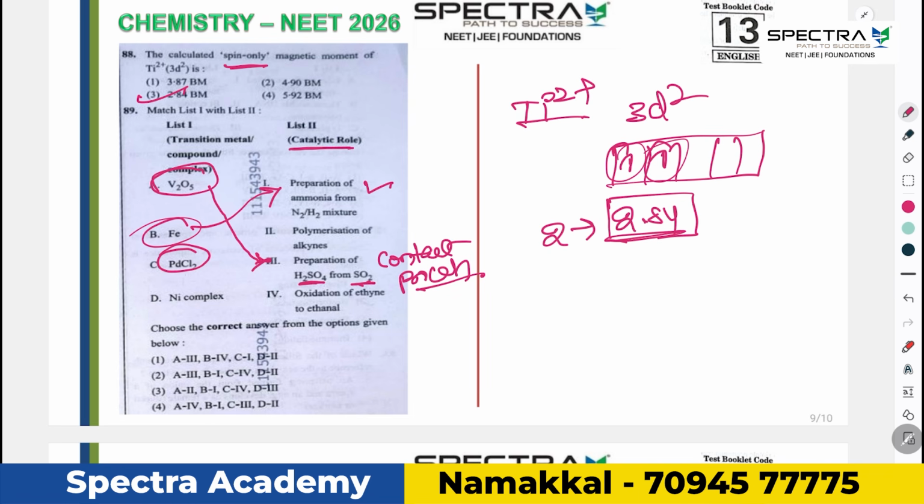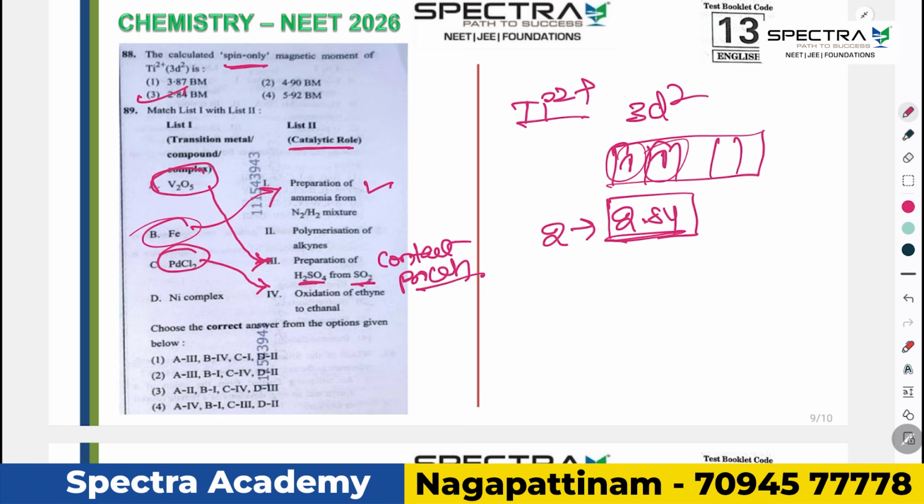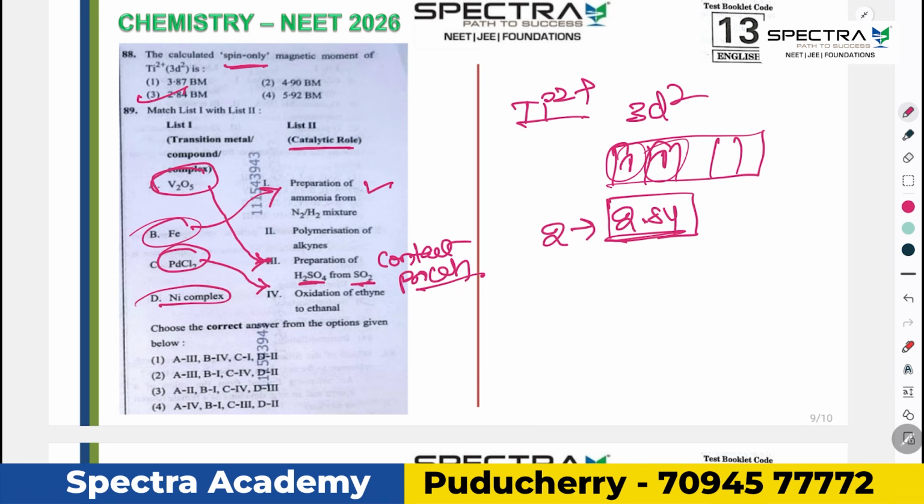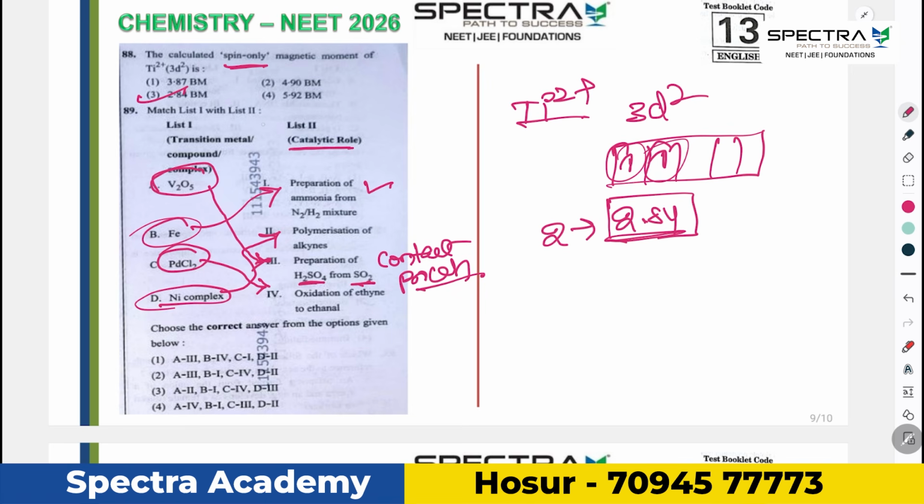Palladium chloride is used in the preparation of carbonyl compounds from alkynes, so C will be 4. And last, nickel complex is used in the polymerization of alkynes. So A3 B1 C4 D2, which is option 2.